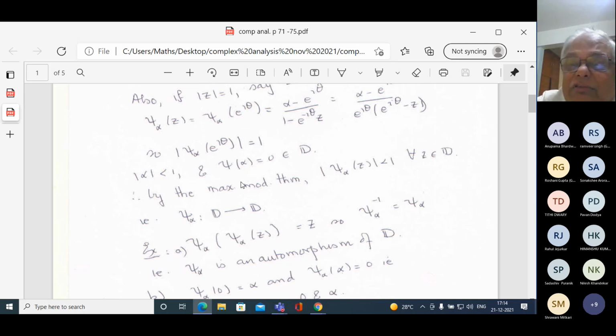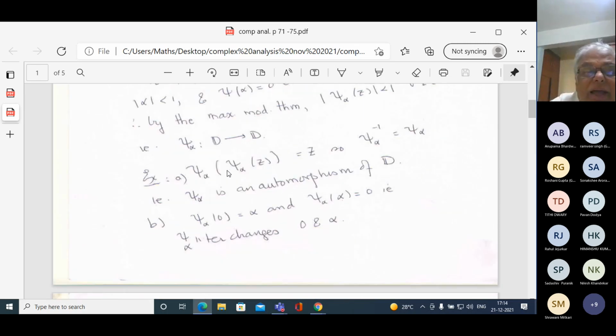And therefore the inverse is psi alpha itself. Therefore the inverse exists, maps D to D, and it is holomorphic, and therefore psi alpha is an automorphism of D. And psi alpha of 0 is equal to alpha and psi alpha of alpha is equal to 0. That means psi alpha interchanges 0 and alpha.